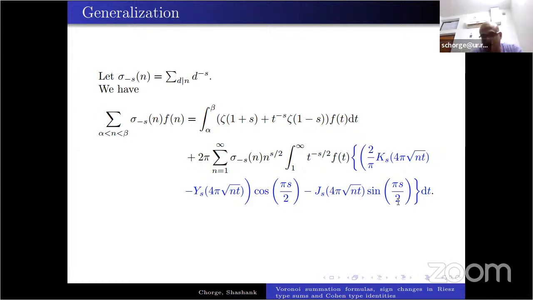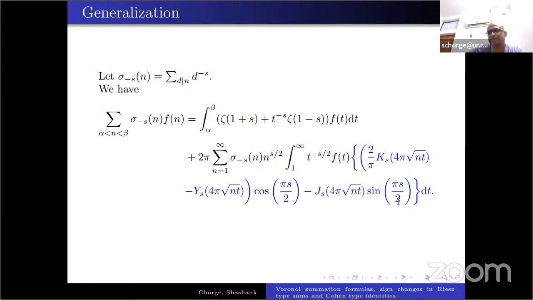Now, it is very natural to ask: can we generalize these types of Voronoi summation formulas to other arithmetic functions? And if we can do that, maybe there is a chance that we can improve the error bounds for those functions.